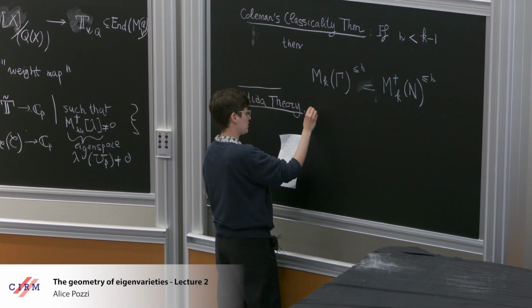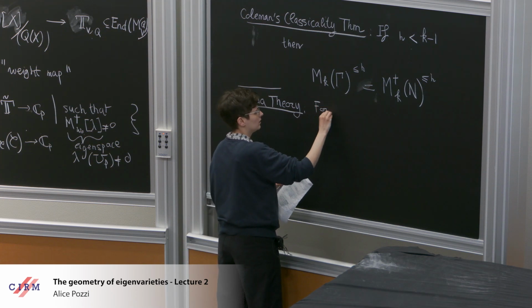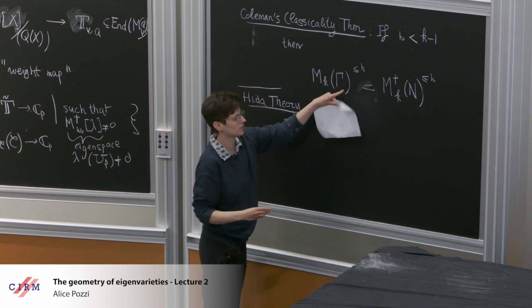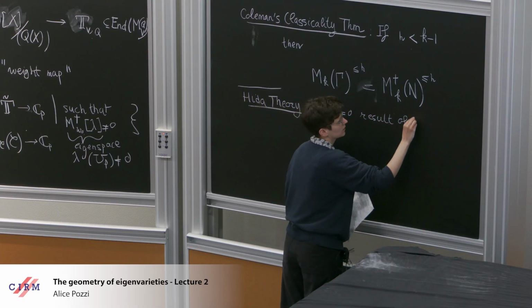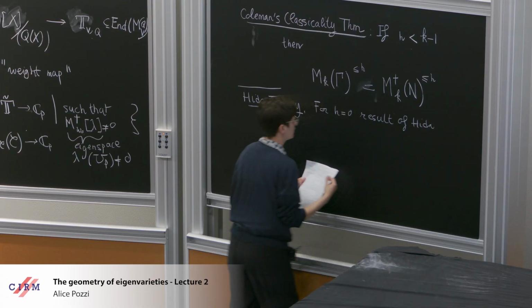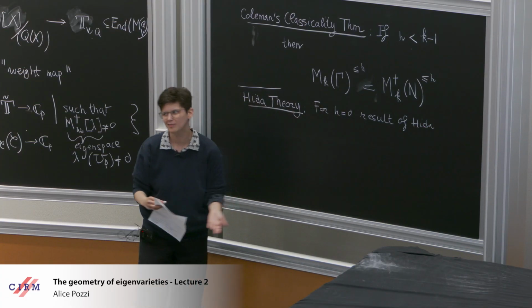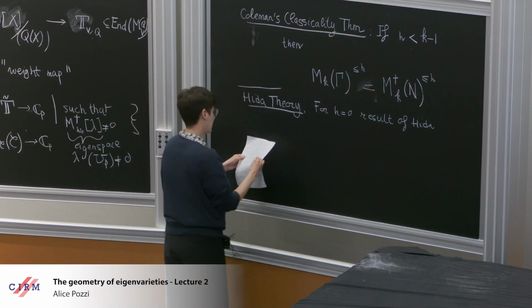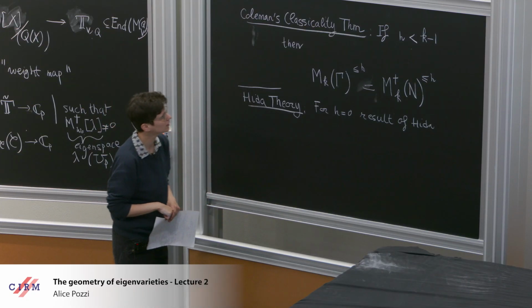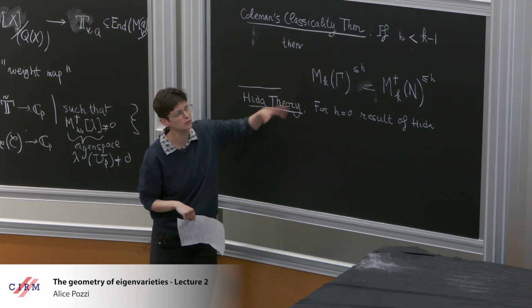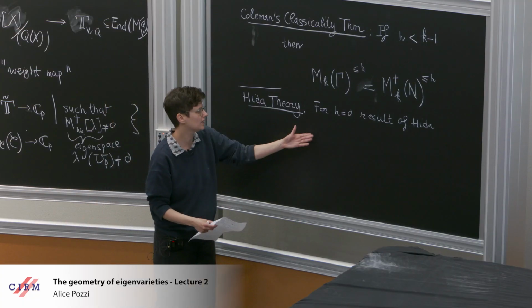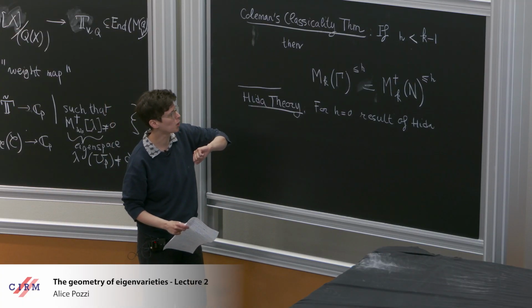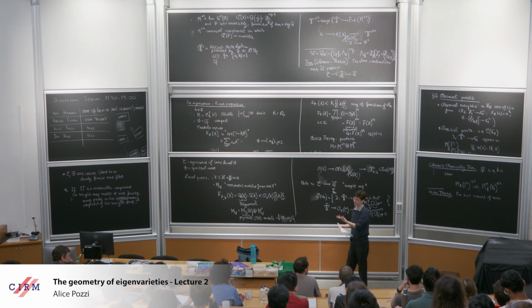So for h equals 0, this is a result of Hecke, which, in fact, was obtained in a different language, and cannot entirely be viewed as a consequence of Coleman's theory. There is an overlap between the two, but Hecke theory is more precise in the sense that it tells us about integral results as well, not just about rigid spaces.